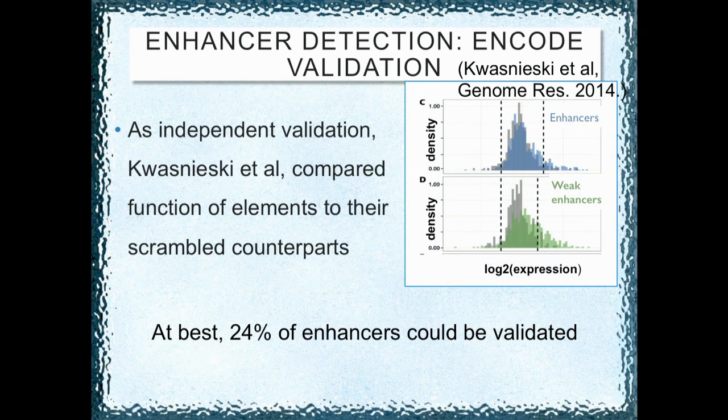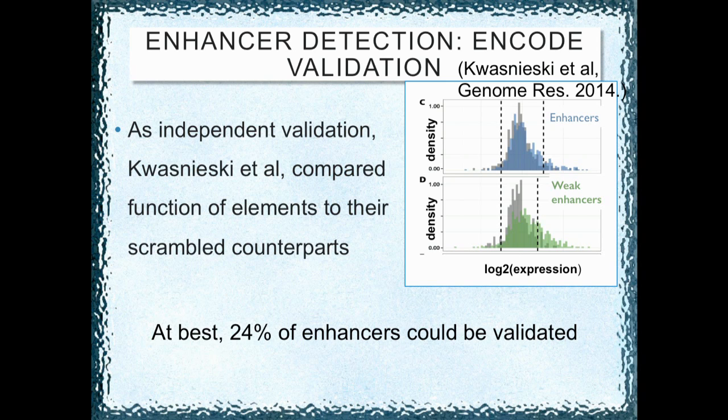But when an independent validation was attempted by Barak Cohen's group, it was found that only 24% of the enhancers and weak enhancers showed greater expression than their scrambled counterparts, which corresponds to a false positive rate of about 70 to 80%. That was high, so clearly there's some room for improvement there.